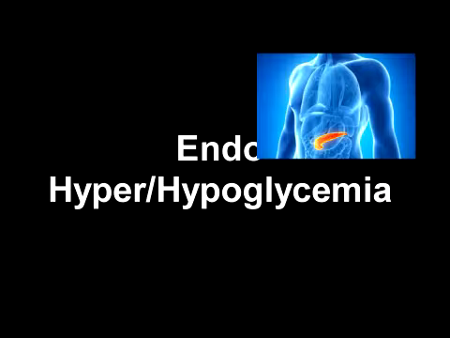Okay, so let's do this now. Hyperglycemia, the flip side of hypoglycemia. Hyperglycemia is fasting blood glucose more than 100 or random blood glucose more than 200.